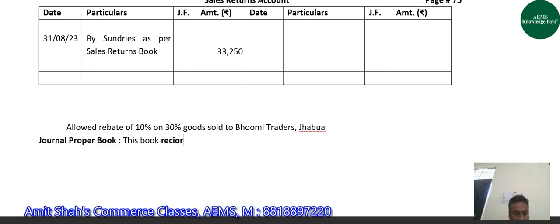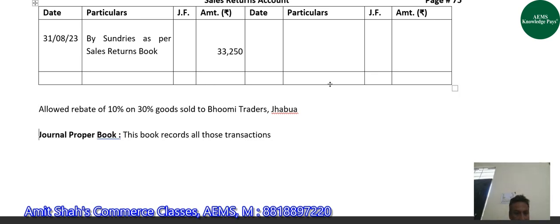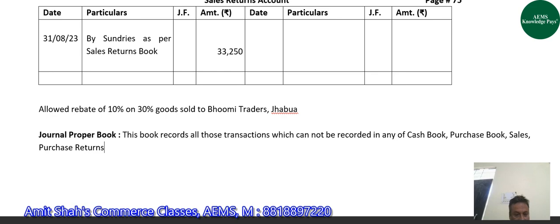This book records all those transactions, guys, understand this carefully, which cannot be recorded in any of the cash book, purchase book, sales book, purchase returns book, and sales returns book.